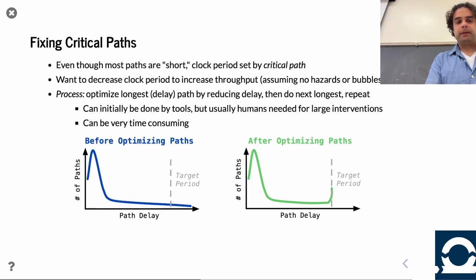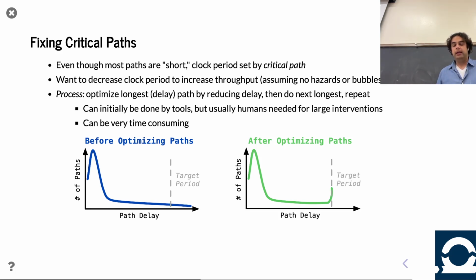So let's say your STA tool has told you that you have a critical path and you need to go in and fix it. This is actually where a lot of time can be sunk if you're a designer and you're not careful. Getting your design function correct takes time, obviously, but optimizing the critical path can sink a lot of person hours.